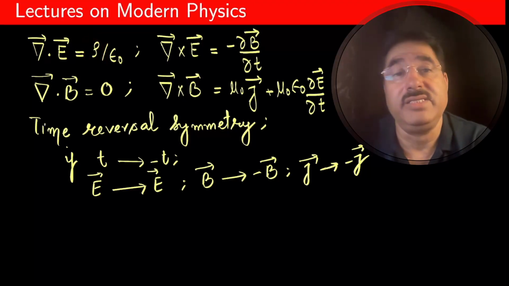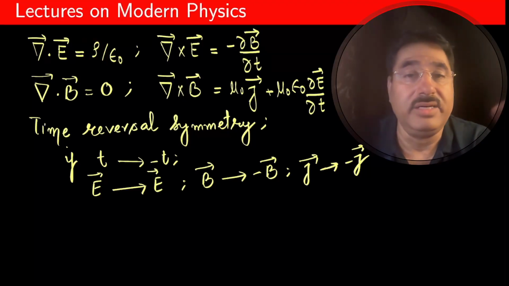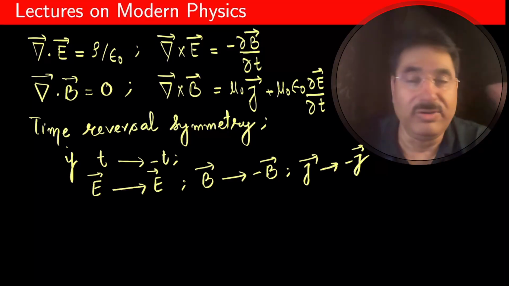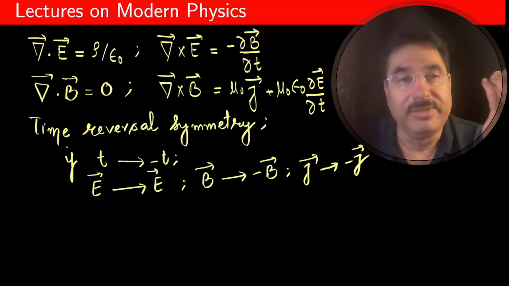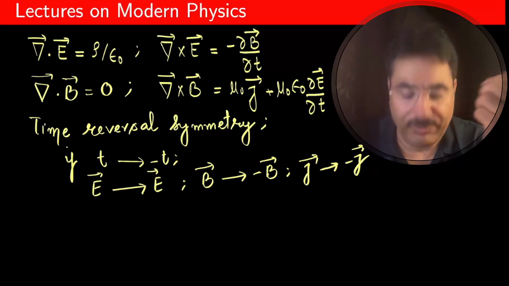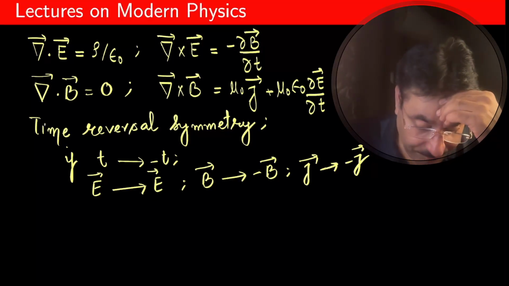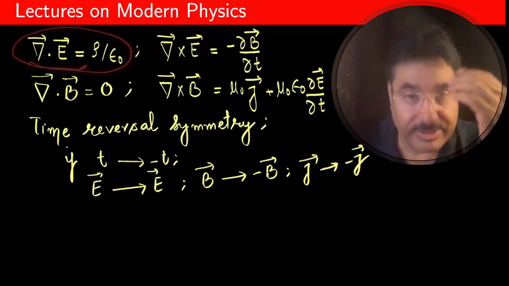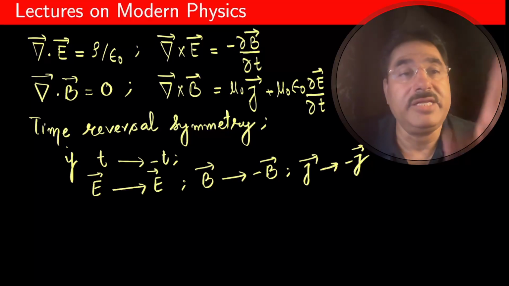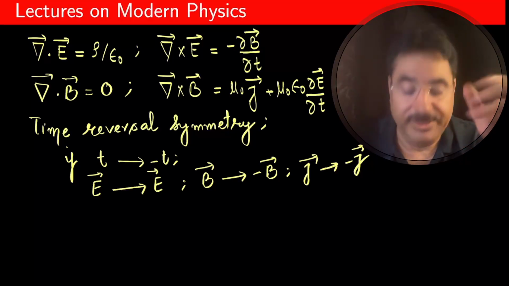It's a charge density. It does not become negative by time reversal. A negative charge will not become positive if you reverse time, or a positive charge will not become negative. It is a scalar, independent of this transformation. So the first equation retains its form. It remains the same equation under time reversal.